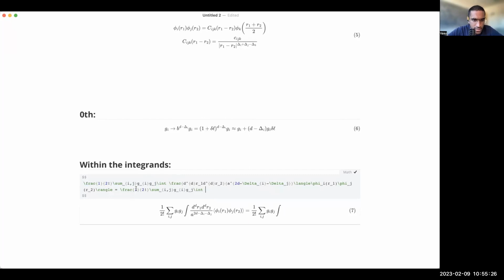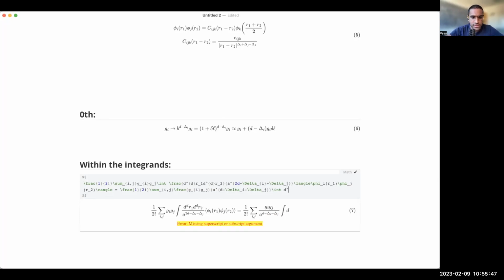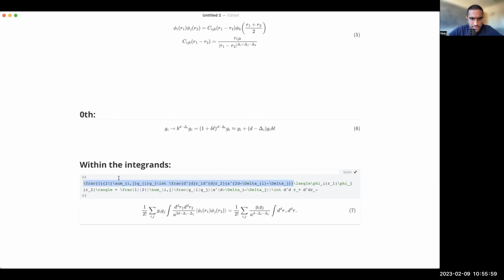So again, let's just take the denominators out for a second. So I'll just write the denominator here. And what we'll do is write this as d of R plus and d of R minus. And I'll just keep the 2-point function as it is for now.